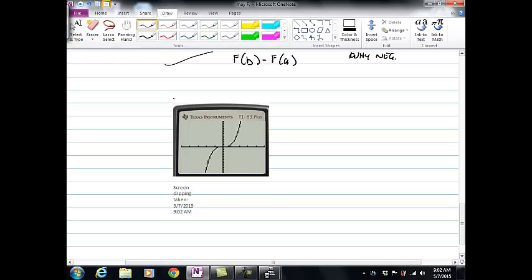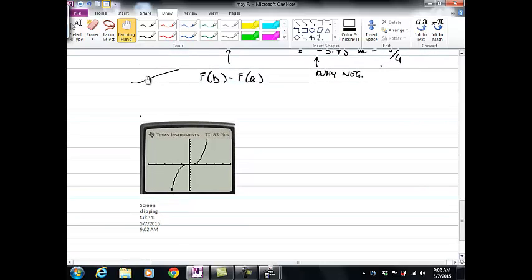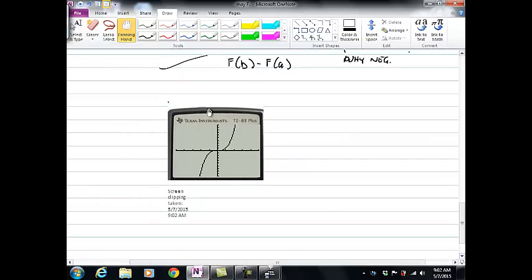What this formula does is it gives you the sum of all areas. Here's -2. So I'm going to draw this in your graph, please. -2, right there. Here's 1, right here. So what this formula does is it gives you the sum of all the areas, the negative and the positive.